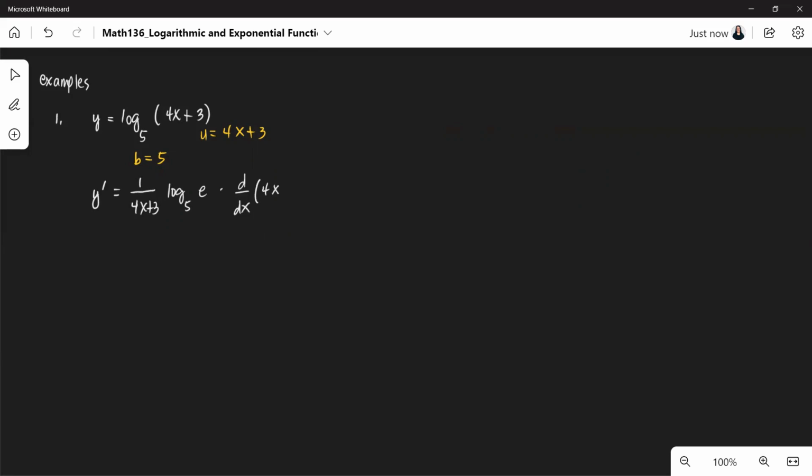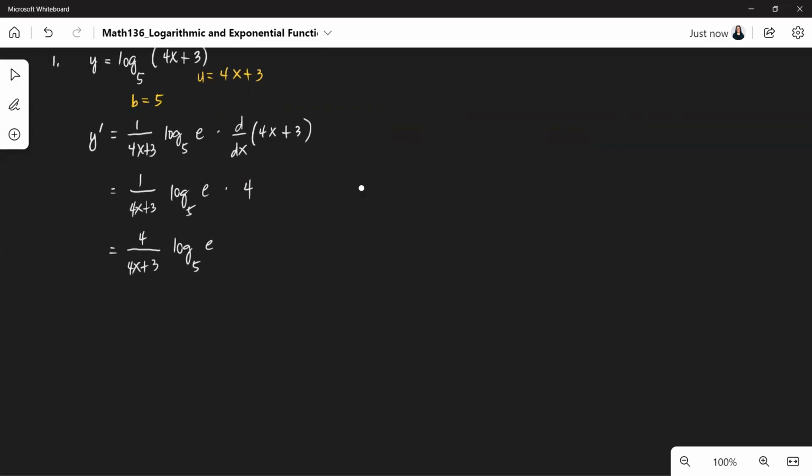So the derivative of 4x plus 3 is 4. Let me copy these first. So multiply with 4, or you put the 4 before the log notation. So that fraction times 4 is basically 4 over 4x plus 3 times log of e to the base 5. Okay, so this is the derivative of the given function.